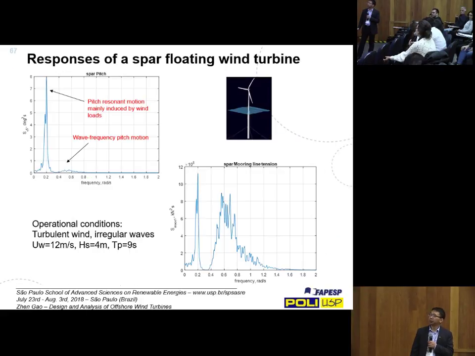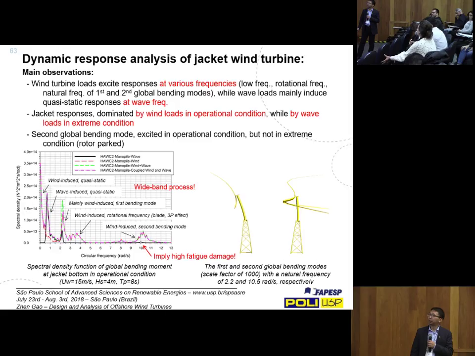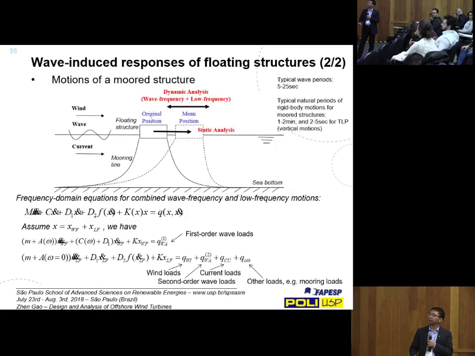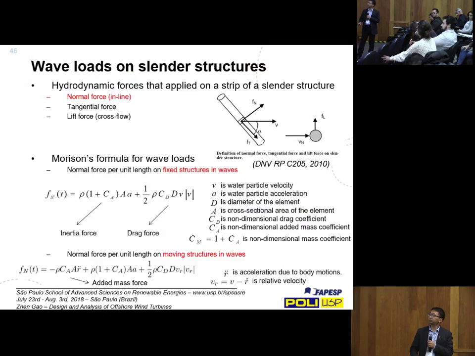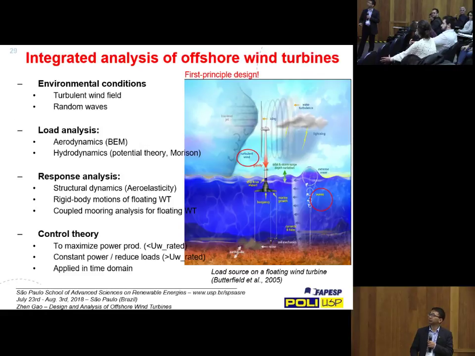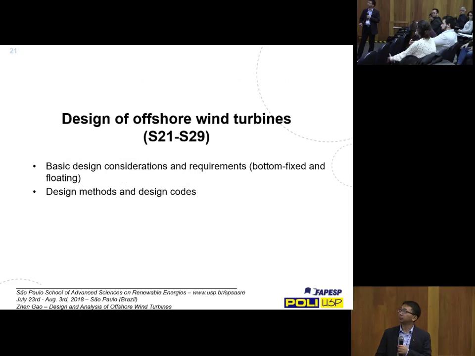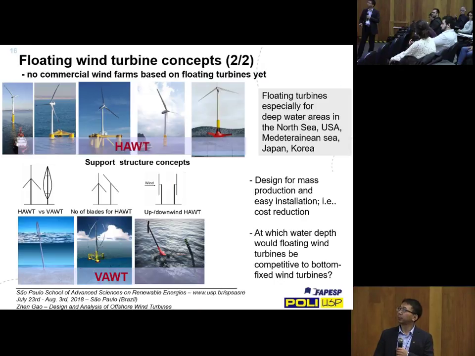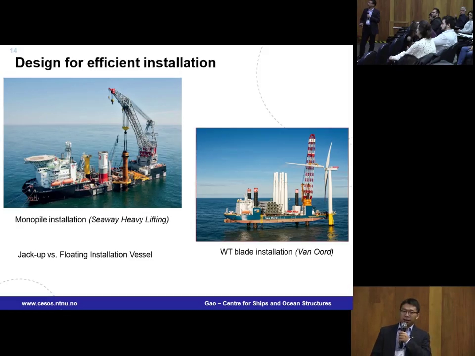My question is, how do you see the development in the coming years? Are there any limitations on the size? Can we have, I don't know, 10, 20 megawatt turbines? What do you think?